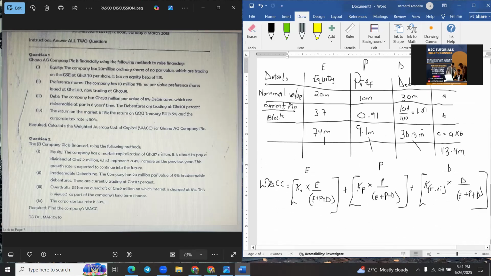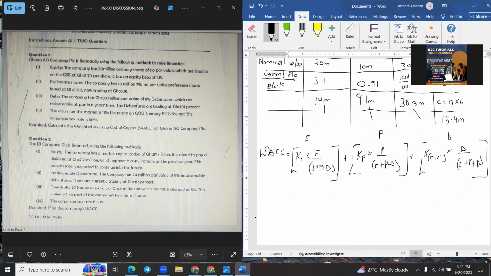Okay, so we basically come here and then write the 11.9 multiplied by the E, which is 74 million, divided by the total that we found here as 113.4.